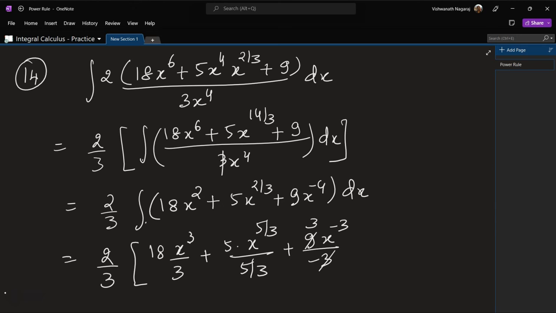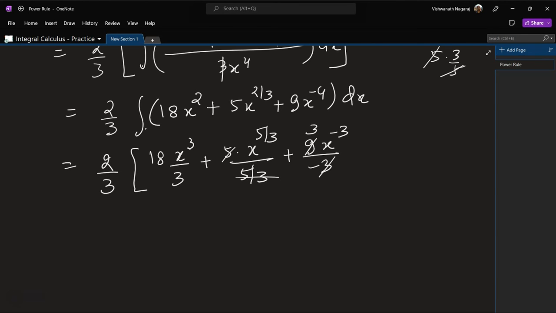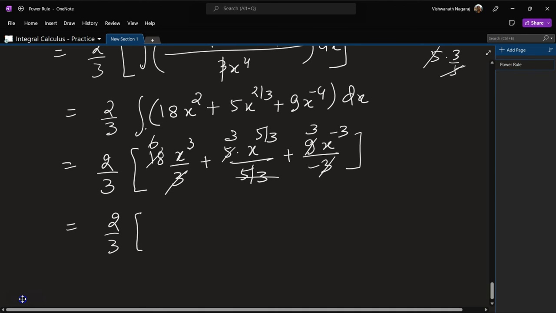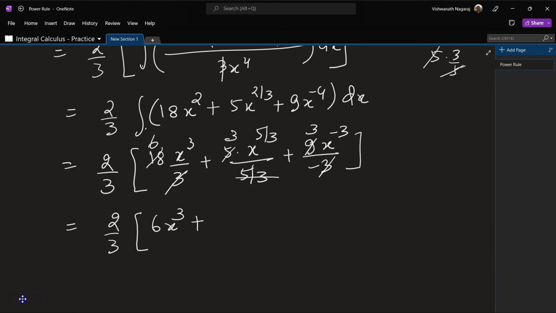So 3 threes, right? 5 times 3 by 5. So 3. So we can cancel this and write it as 3. 3 sixes, 6. Okay, now let's write it properly. Plus 3x to the power of 5 by 3, plus, now this will become minus because of the denominator. So minus 3x to the power of minus 3.